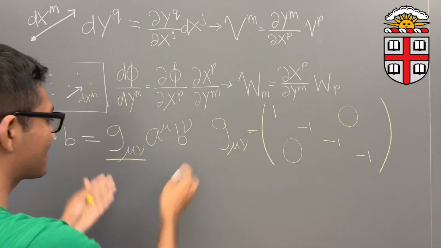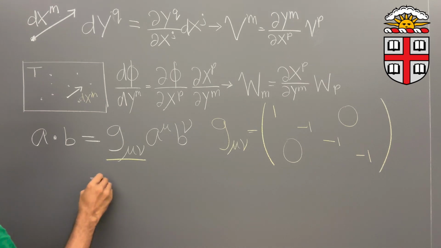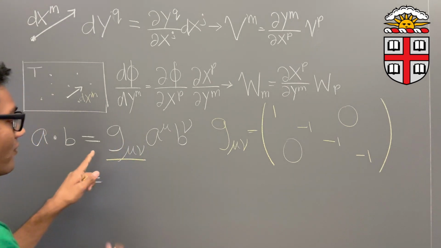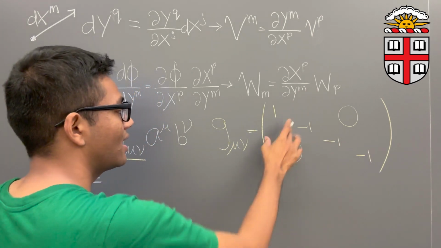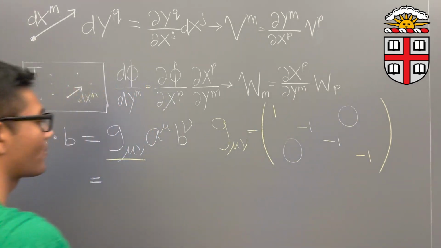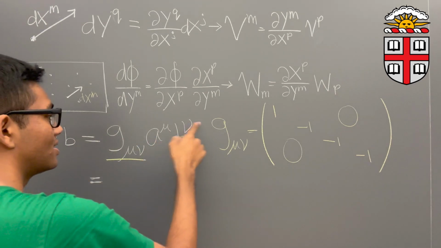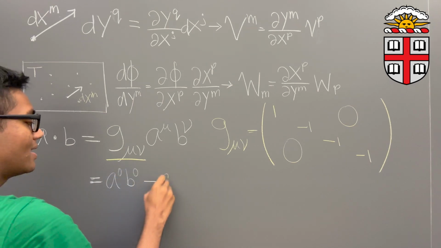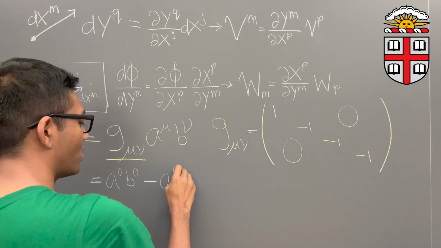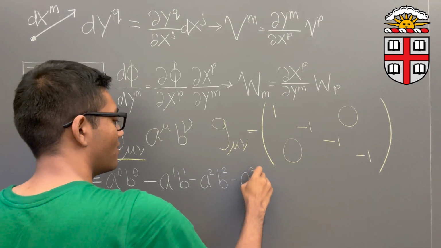So how does that explain this? Well, let's take a look. This over here is going to simplify to the following. First of all, g mu nu only exists along these diagonal elements; any off-diagonal elements are 0. So this is going to simplify to the temporal components, A0 B0, minus all the other components, A1 B1, A2 B2, A3 B3.